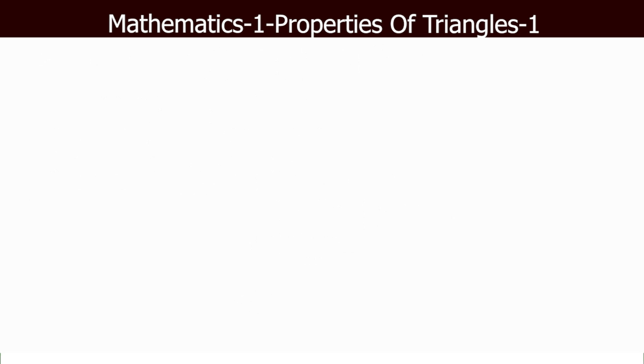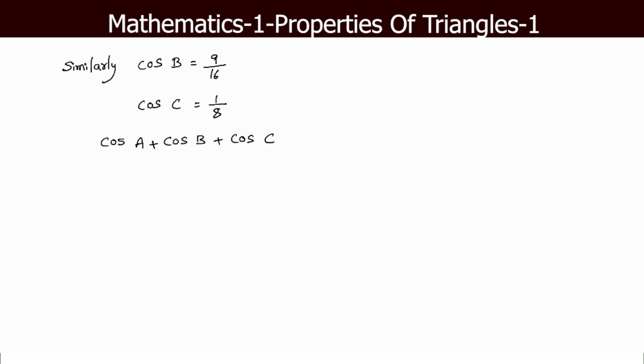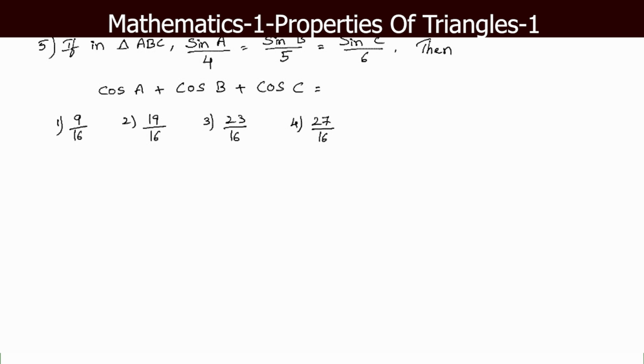So cos A is 3 by 4. Similarly, cos B is 9 by 16 and cos C is 1 by 8. So cos A plus cos B plus cos C is equal to 23 by 16, which means the correct option is option number 3.